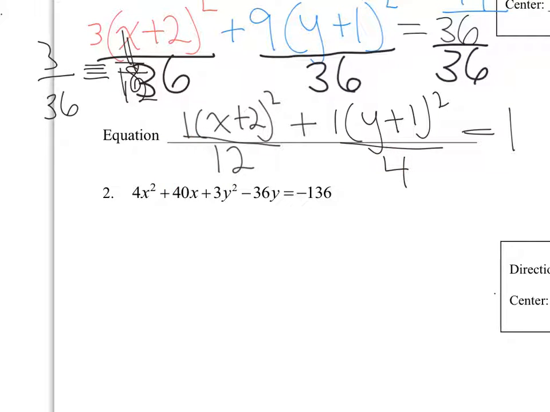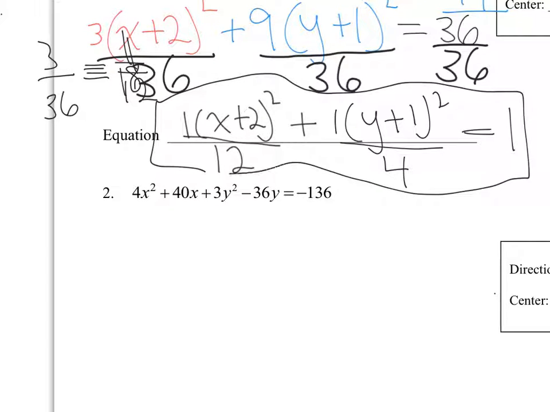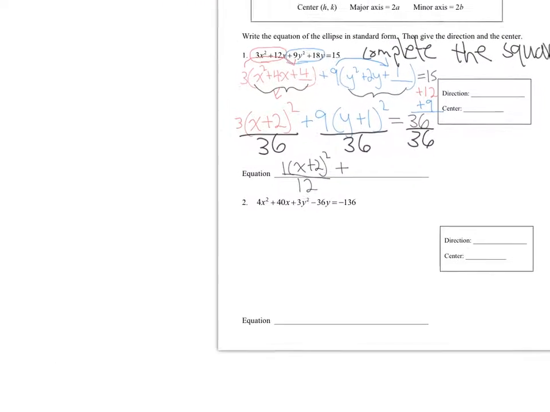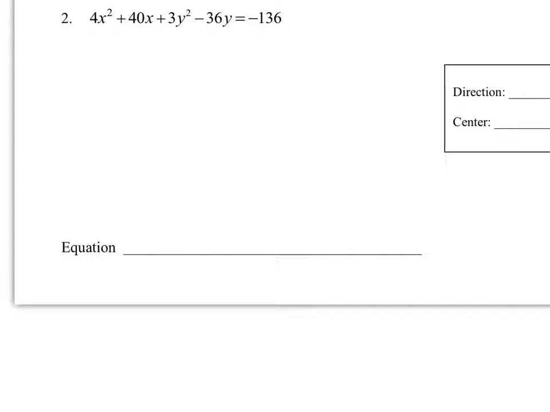Now, if you don't feel 100% on that, let's just try one more example to see if doing another practice will help out. Okay, so let's now try number 2. With number 2, let's do the exact same thing we did.